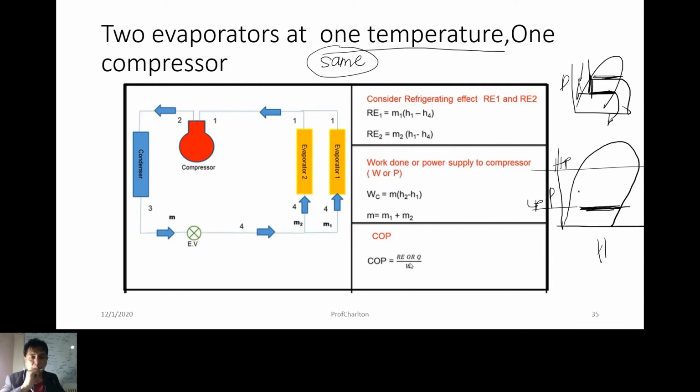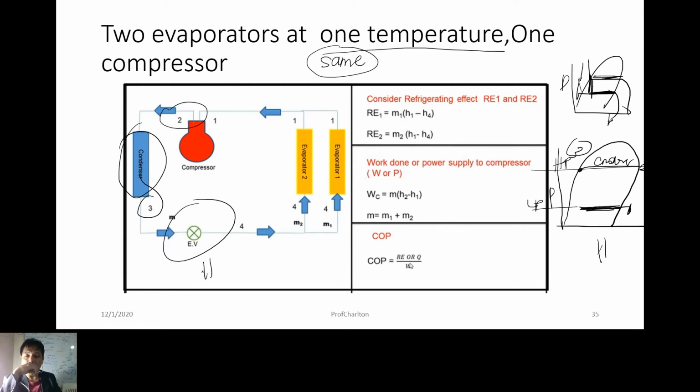So how do we interpret this? At the compressor, this is 1, and this is 2, in the superheated region. Then it goes to the liquid line of the condenser. What process is in the condenser? 2 and 3, so 2 and 3 is the condenser. It then passes through the expansion valve. How many expansion valves do we have?